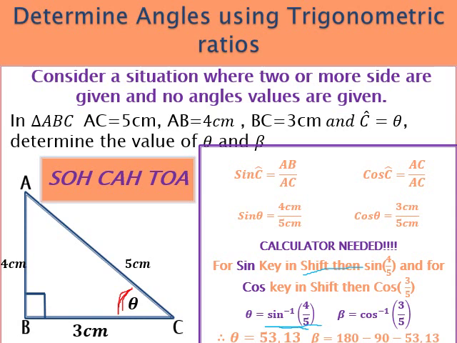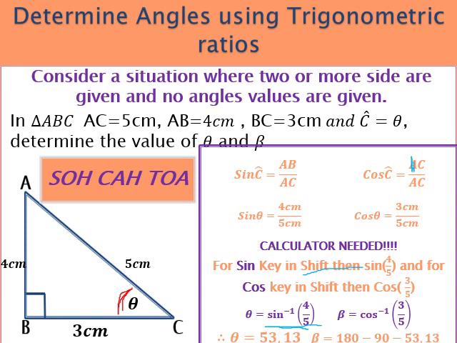Now I want you to realize something, because they have provided you with two solutions, one for sine theta and the other for cos theta. In terms of cos theta, they have made a mistake there. That's supposed to be B. In terms of cos theta, BC must be over AC. We know that BC equals 3 centimeters and AC equals 5 centimeters.